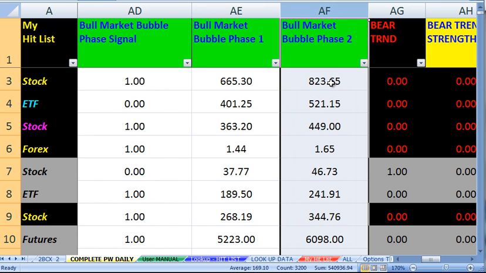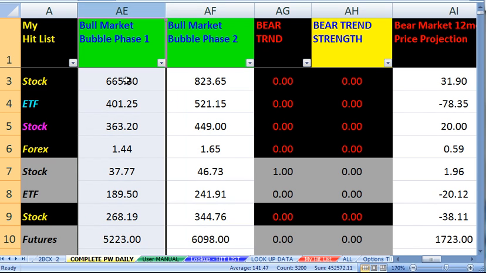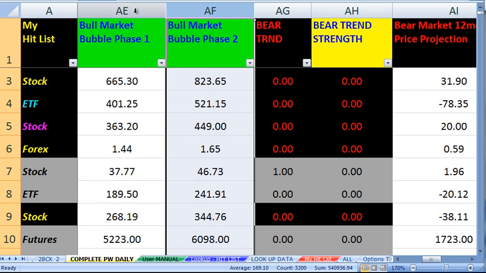And then the next column gives you the bubble phase 1 price target and bubble phase 2 price targets. If you remember from prior videos, bubble phase markets are extremely rare. They do happen, but they are rare. So if you do hit it, then chances are once this price target is reached or somewhere near there, the markets usually top out in reverse. But in those rare instances that you hit a bubble phase 2, which is even more rare than a bubble phase 1, the markets usually hit this target in reverse right thereafter.